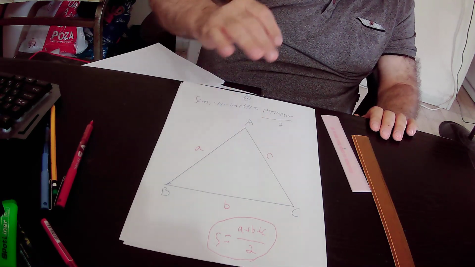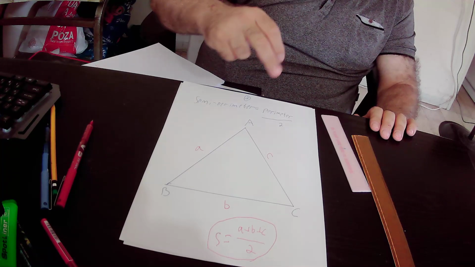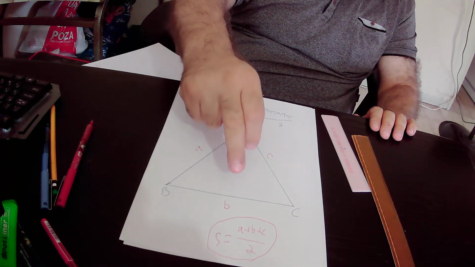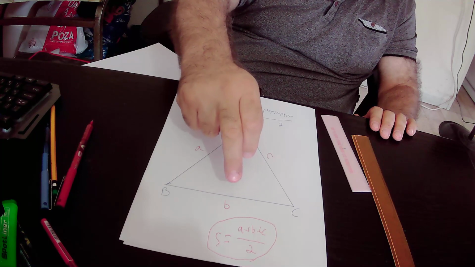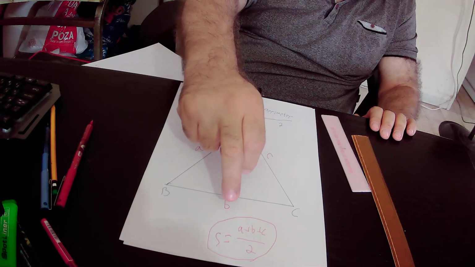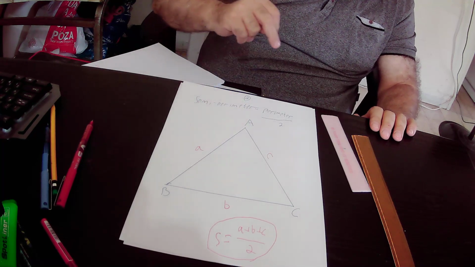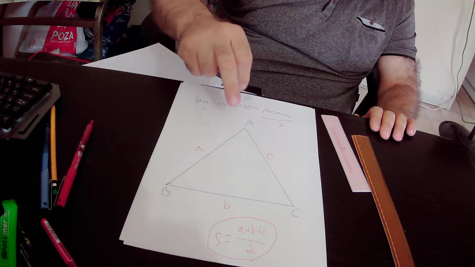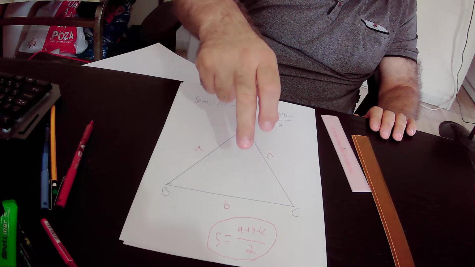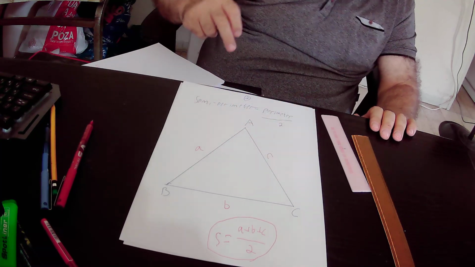That is the semi-perimeter of any triangle, which we mark with the letter S. S is the abbreviation for semi-perimeter. So S, the semi-perimeter of this triangle, equals A plus B plus C over 2.